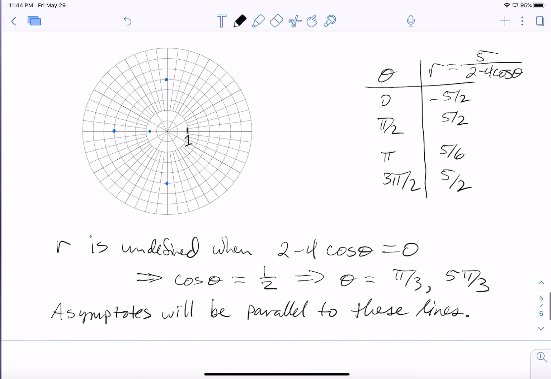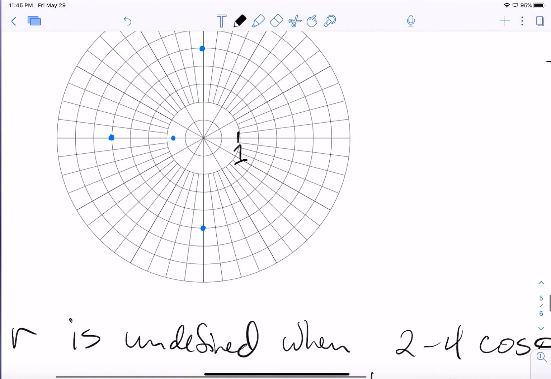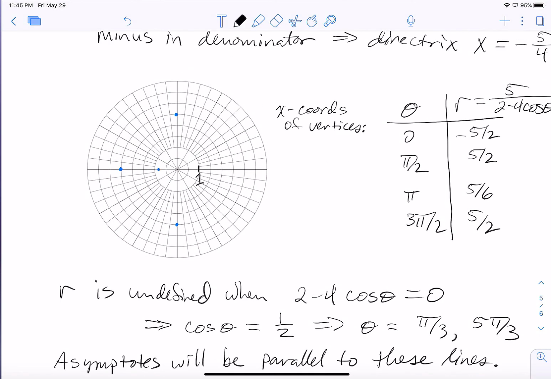We weren't asked to come up with the center, but let's go ahead and do that because it'll help us deal with the asymptotes. The center is going to be on the x-axis, and it's going to have an x-coordinate that is the average of the x-coordinates of the 2 vertices here. The x-coordinates of the 2 vertices are negative 5 halves and negative 5/6.